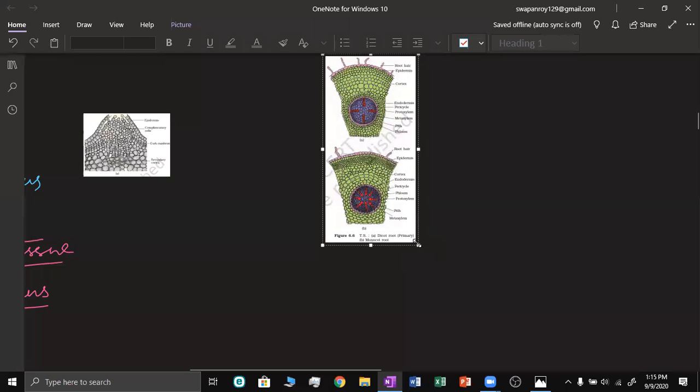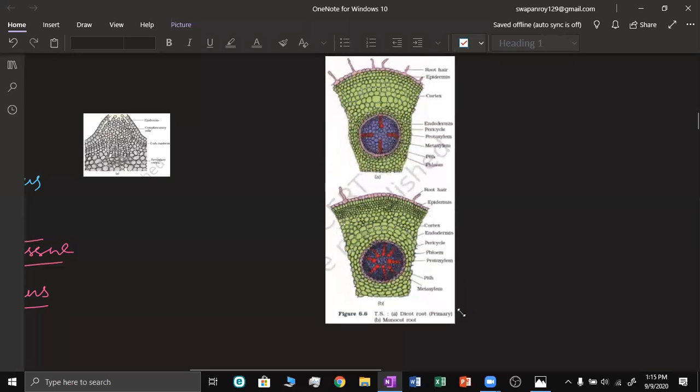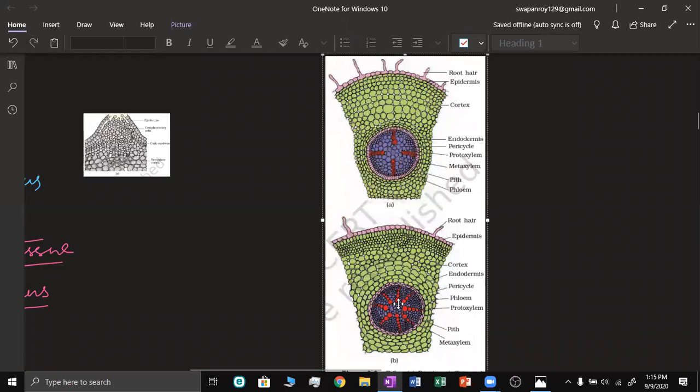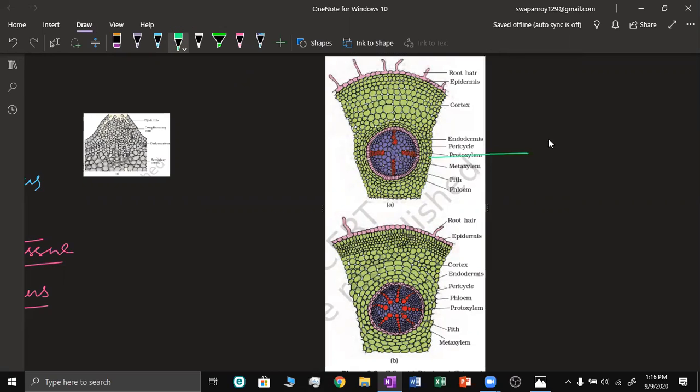This is the diagram of dicot and monocot root. The upper one is dicot root and this one is monocot root.